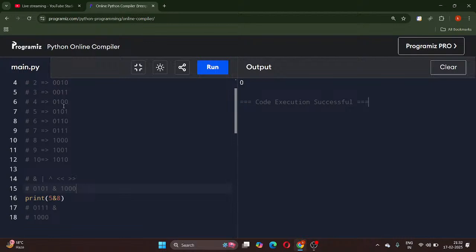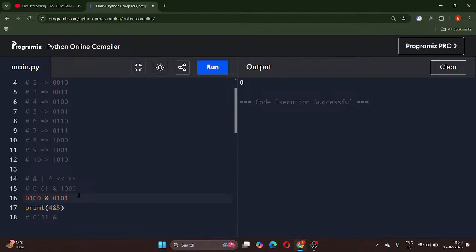Let us consider one more example. Suppose we are taking 4 and 5, right? The binary representation for 4 is 0 1 0 0, and we have to AND it with 5, which is 0 1 0 1.